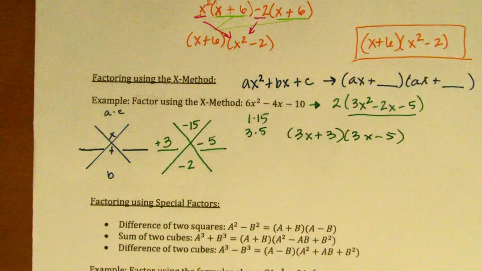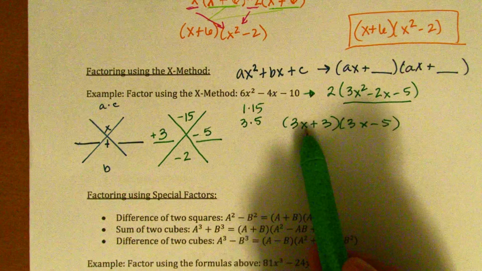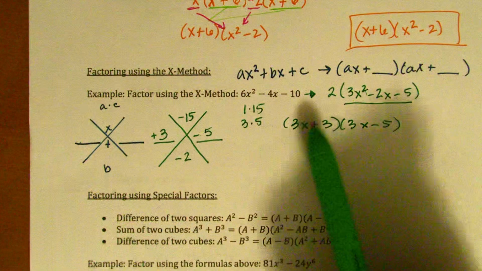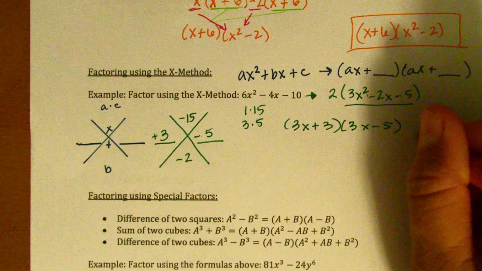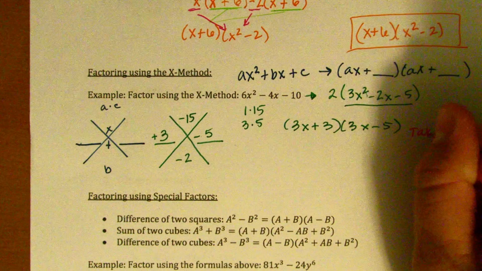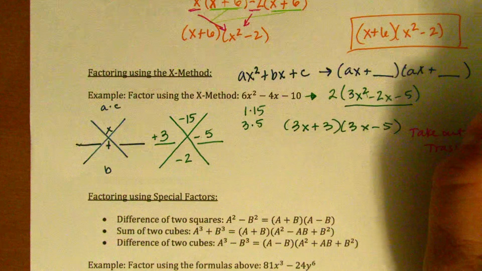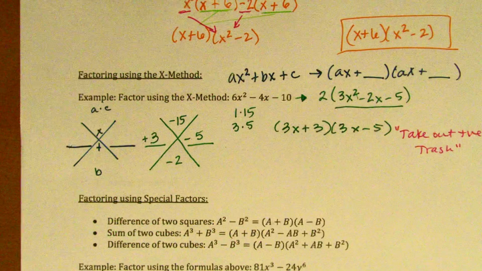If at this point I FOILed this out or used the box method, I would end up with 9x squared, not 3x squared. So I know I have an extra 3 in here somewhere. I call this step taking out the trash. I know there's an extra 3 that needs to be taken out.